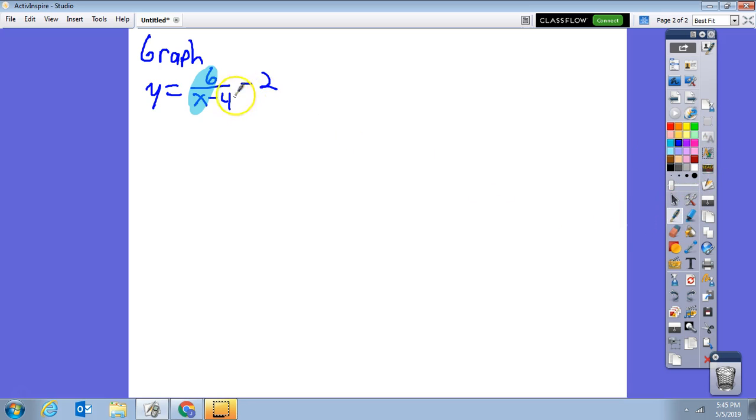But now we have this minus 4 and this minus 2. Remember that all that does is take that graph of y equals 6 over x and shift it on the graph.